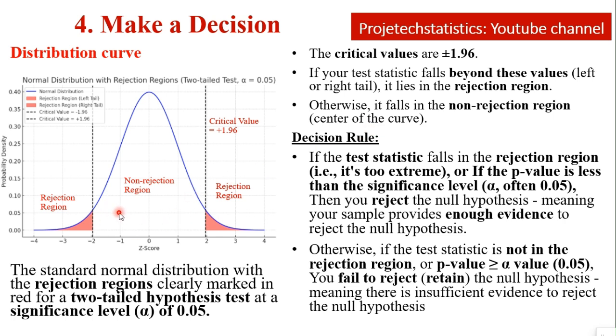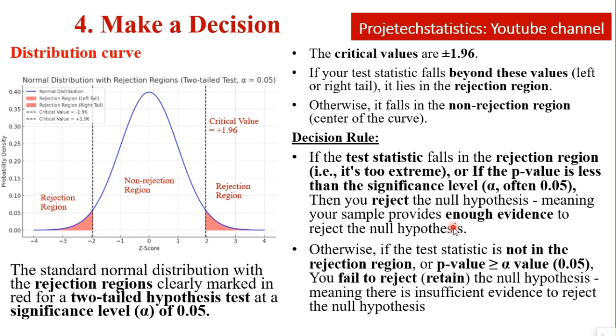Now, what is the rule for making the decision? If the t-statistic falls in this rejection region, or another situation is that if the p-value is less than the significance level of 0.05, then we reject the null hypothesis. What it means is that your sample provided enough evidence to reject the null hypothesis.